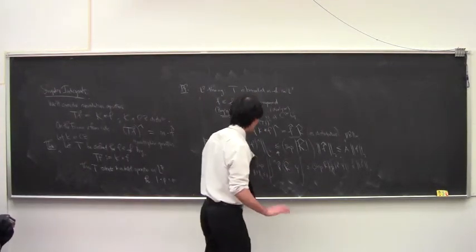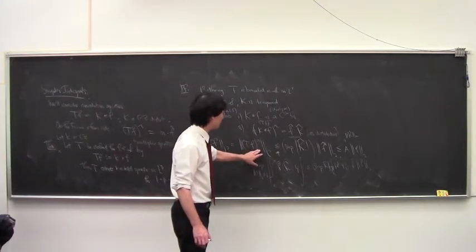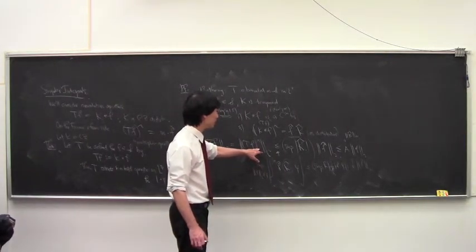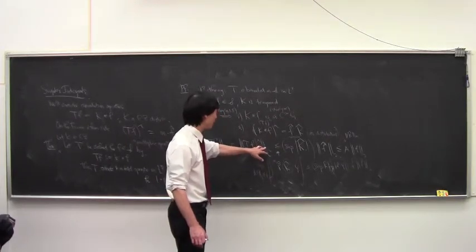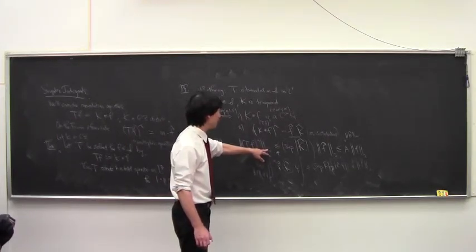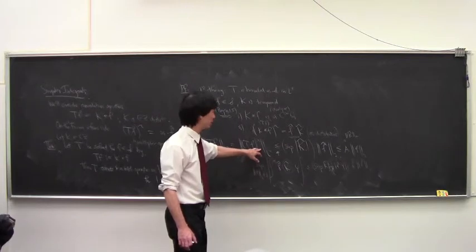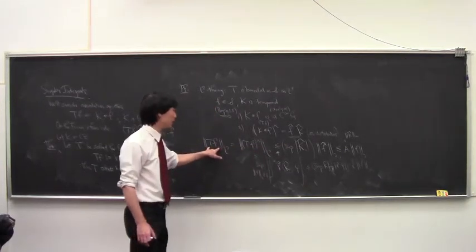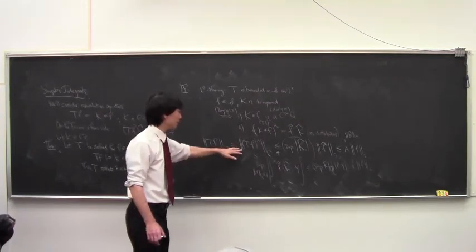So it requires a little bit of thought, I guess, but in any case, what you see is that this guy is in L2. And that tells you, by the Plancherel theorem, that these things are equal.